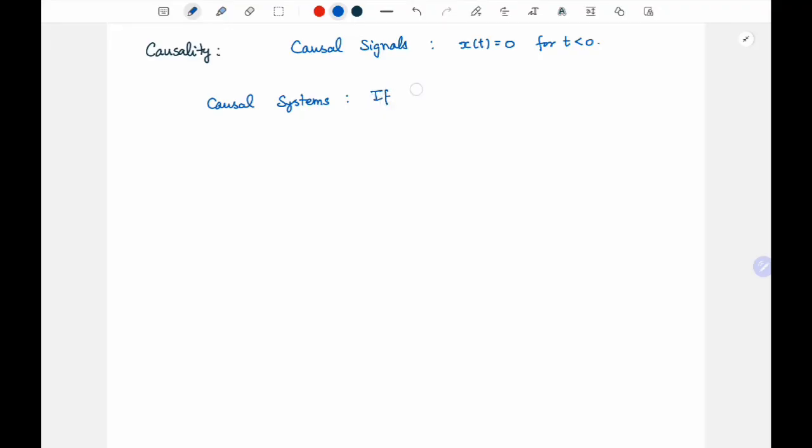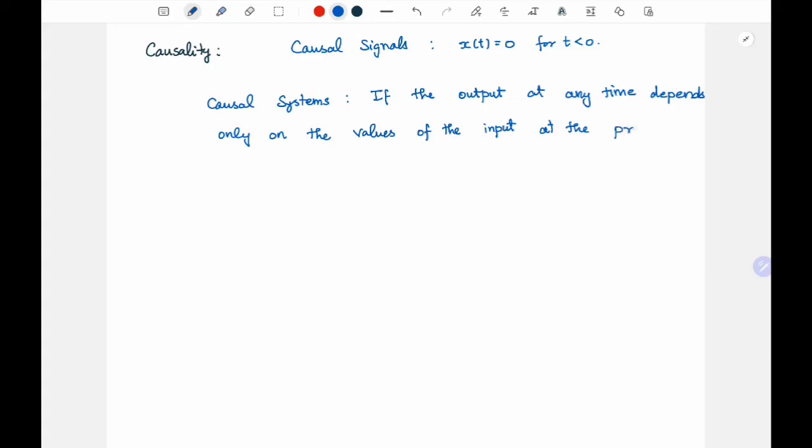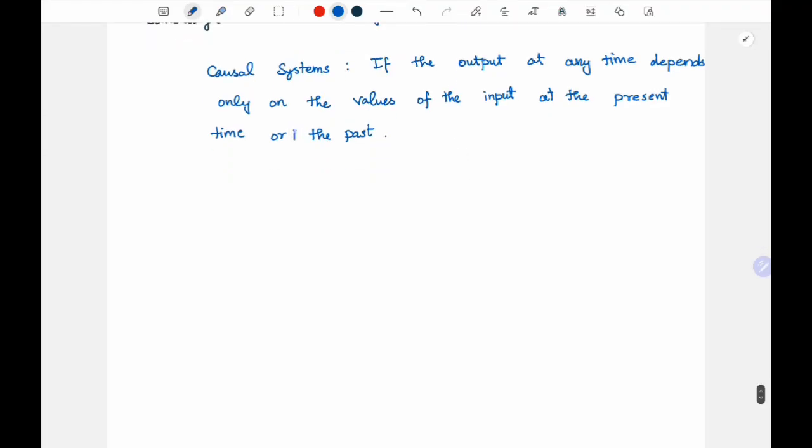If the output at any time depends only on the values of the input at the present time or in the past, the system is causal.